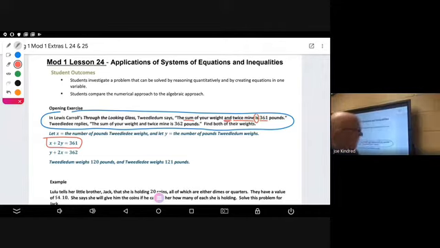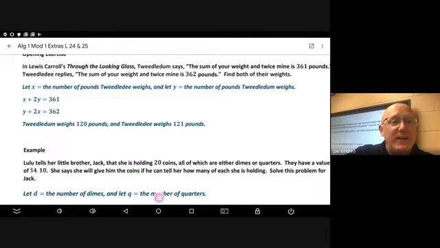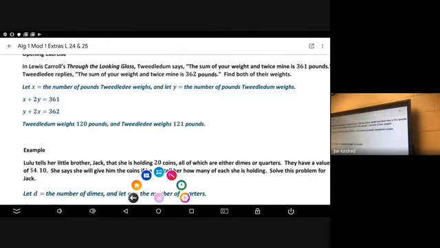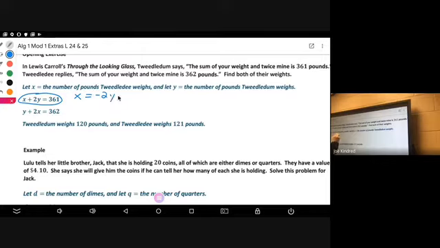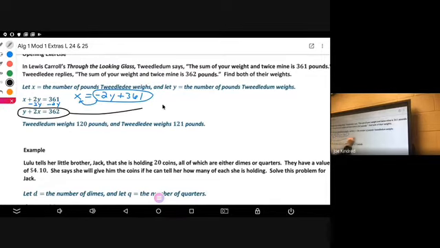So let's look. One of the first things I notice is I'm going to solve for x in the top equation. I get x is equal to negative 2y plus 361, by moving the 2y over. Now I can get what x is equal to, and then I'm going to use the other equation and plug in for x.